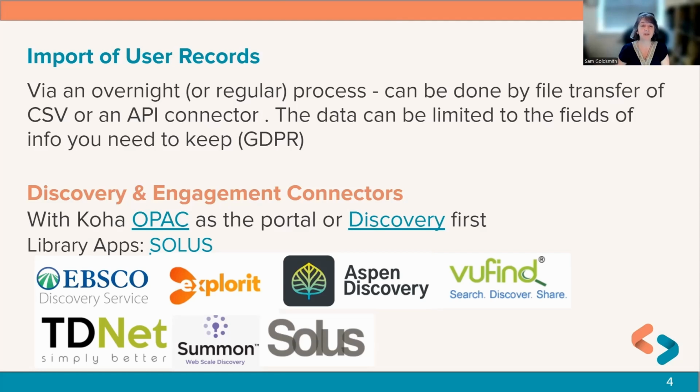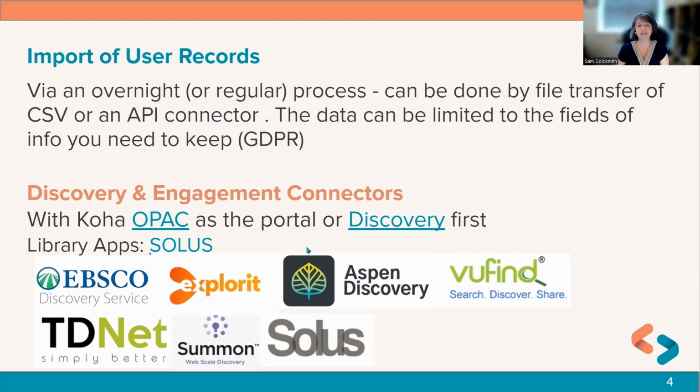Some institutions prefer that for security reasons. And what's interesting here is that you can select what data is coming through from that download. And it should obviously, for GDPR reasons, only be the information that you strictly need to perform the service for your users. So that's another integration we often perform for our customers.